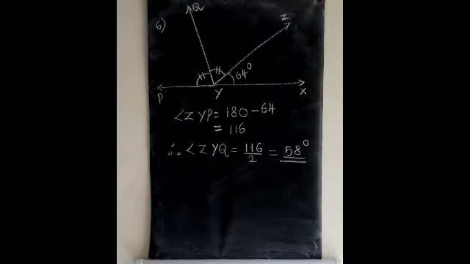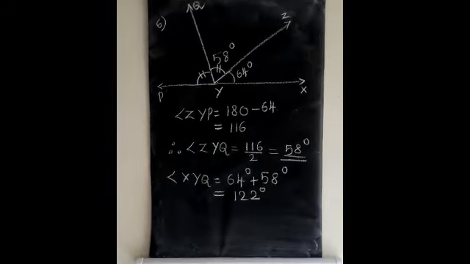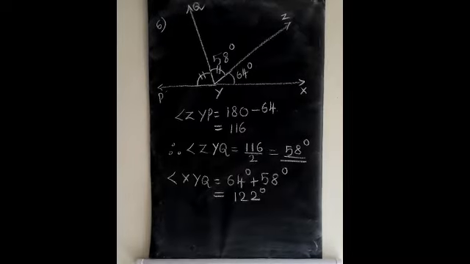Okay. Now in our question we have to find out angle XYQ. So you just observe the figure. What is XYQ? XYQ is the sum of 64 degrees and 58 degrees, isn't it? So angle XYQ is equal to 64 plus 58 degrees, that is equal to 120 degrees? So that was our first part.